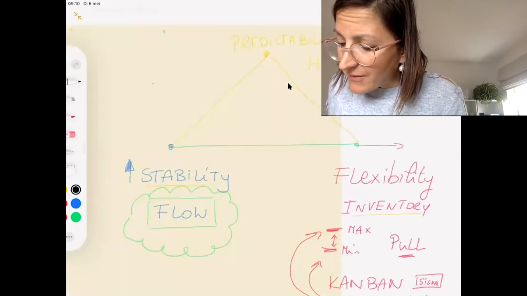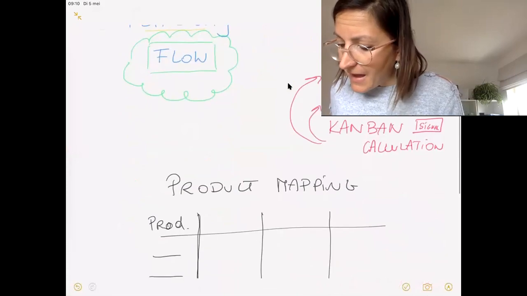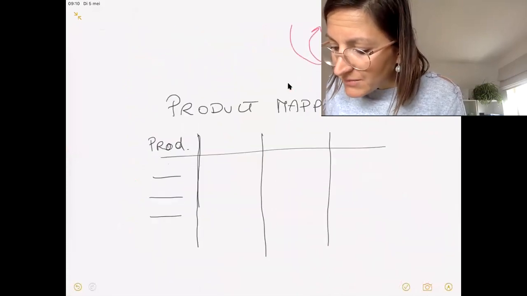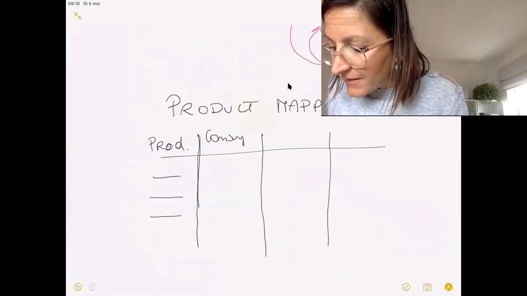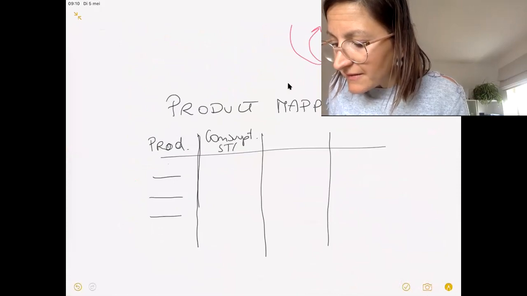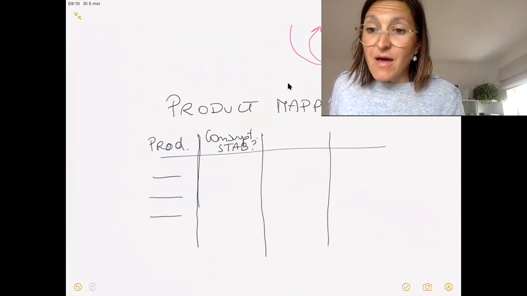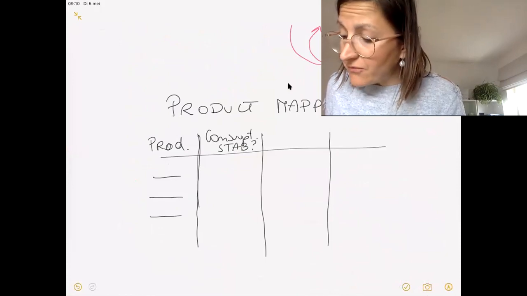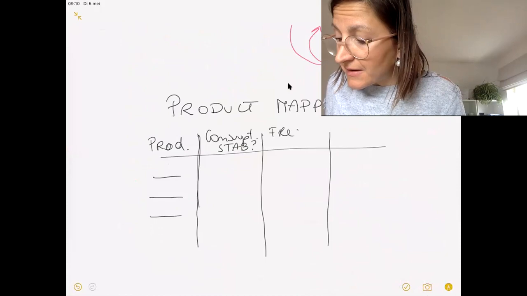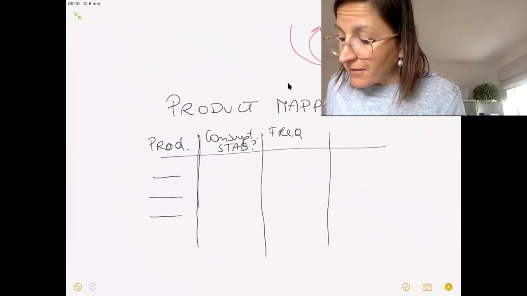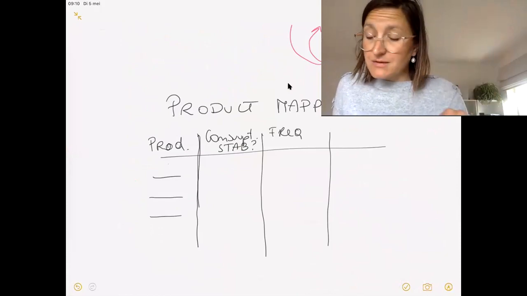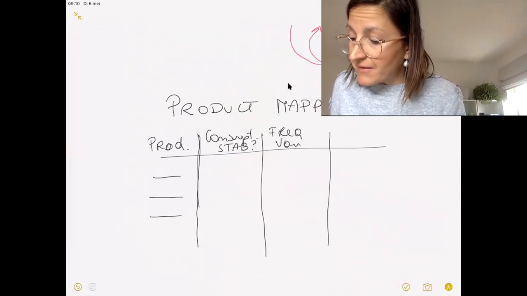But how about, how stable is the consumption? Consumption stability, right? Now, how often, the frequency of unpredictability or instability of variation.